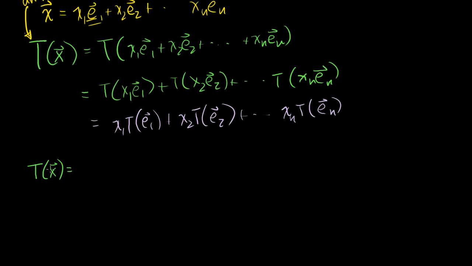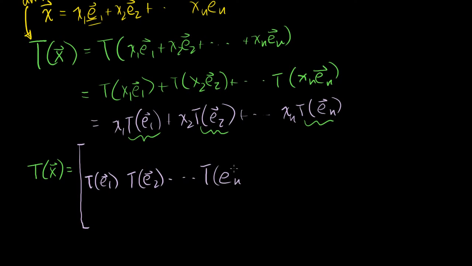If we view each of these as a column vector, this is equal to the matrix where the first column is T(e1), the second column is T(e2), and then we go all the way to T(en), times x1, x2, all the way to xn. We've seen this multiple times.